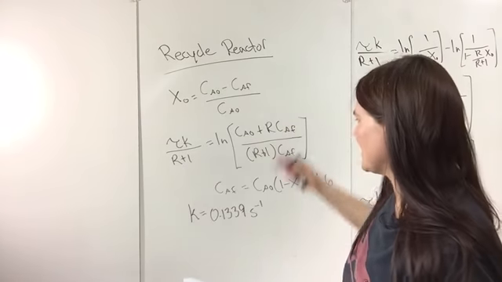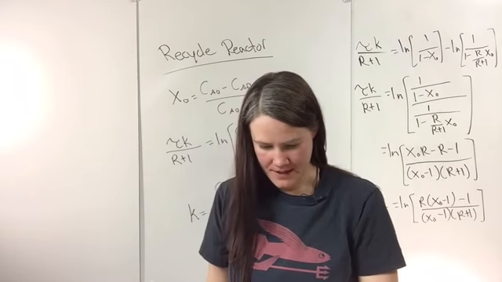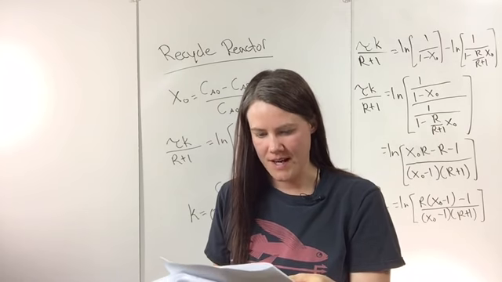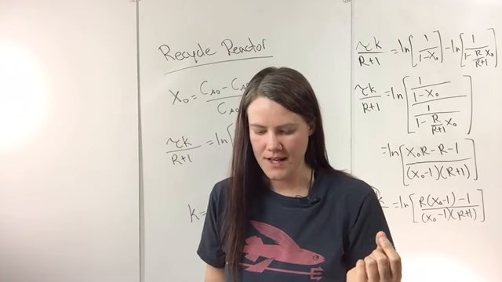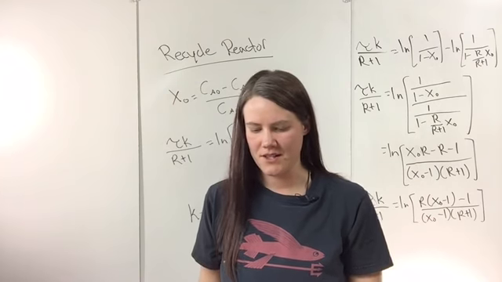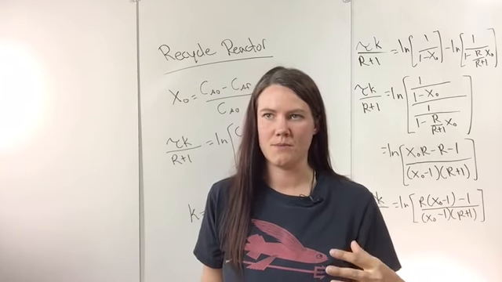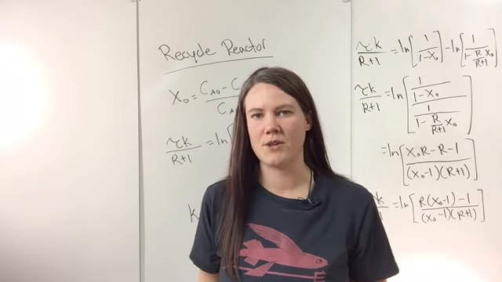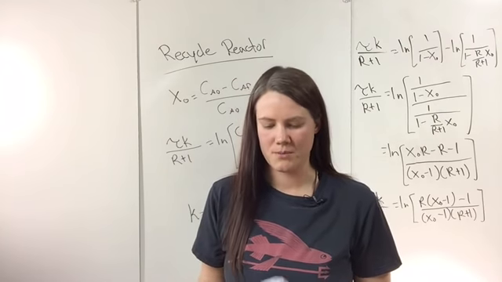So anyway, the main point of this was to show you the recycle reactor stuff, so I went through the recycle reactor. Now he has pressure drop in reactors. That's chapter 4. Just remember you're basically doing all the same stuff. You're just adding in the pressure drop, so you change your rate law to account for it, and then you need to write an equation for the pressure drop.